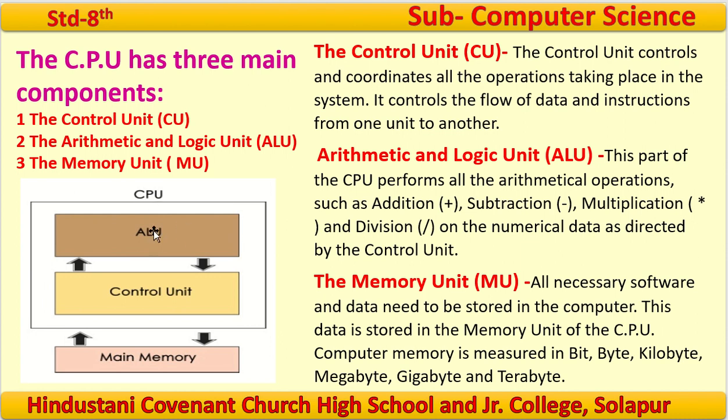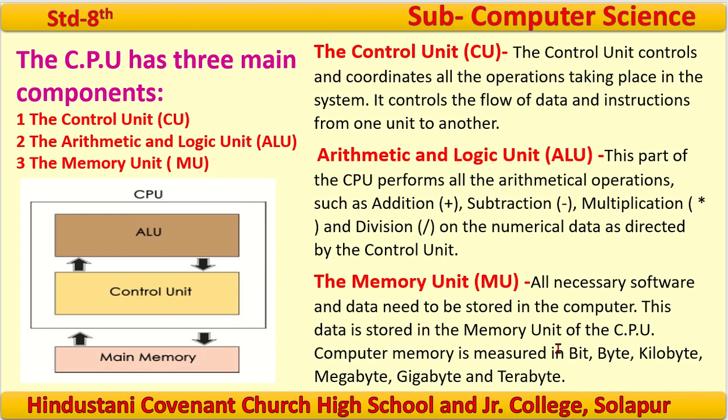So 5 plus 2, the ALU will calculate and give me the answer as 7. That 7 is then given to the control unit. The control unit will take that signal of 7 and show it on the desktop or on the monitor. Okay, so likewise the control unit is working and the ALU is used for calculation purposes only.